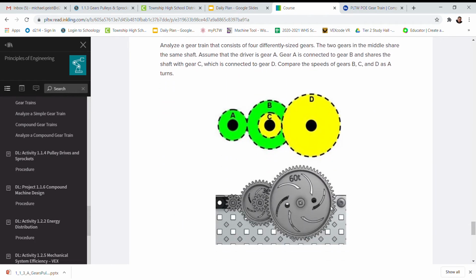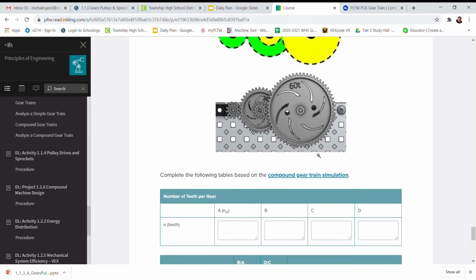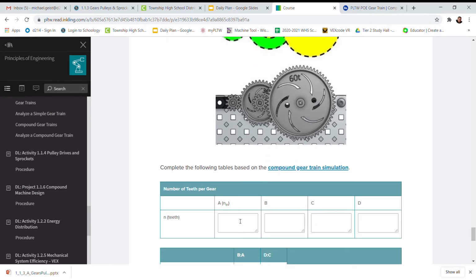All right, let's analyze the compound gear train. So we have a diagram showing my little gear connected to my gear B, which has 36 teeth, and then we have C, which is connected to the axle of B, and then connected to D, which is a 60 tooth. I'm going to scroll down. I'm going to type in my data.